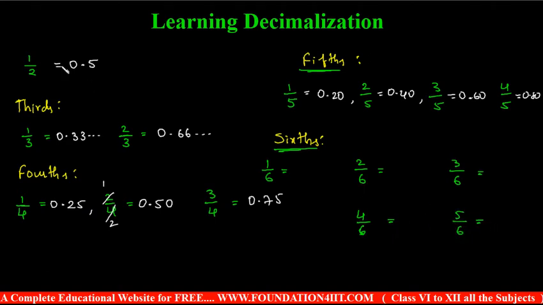In these sixths you should remember only two extra new answers. That is 1 by 6 is 0.166 and so on. But 2 by 6 is the same as 1 by 3, so only 1 by 3 you will learn.